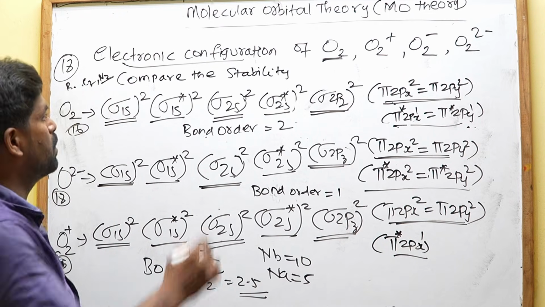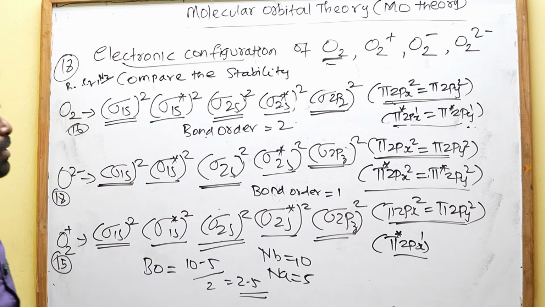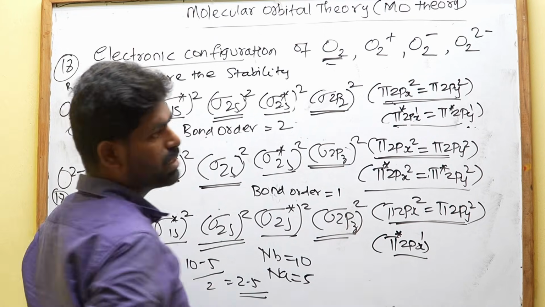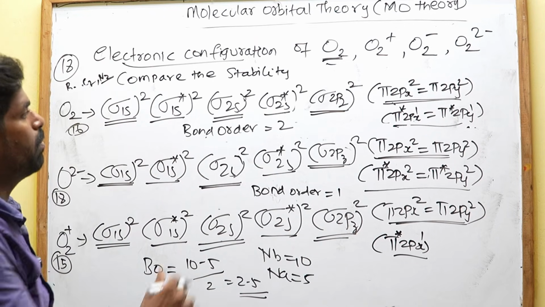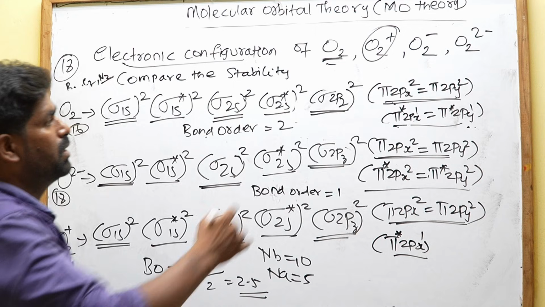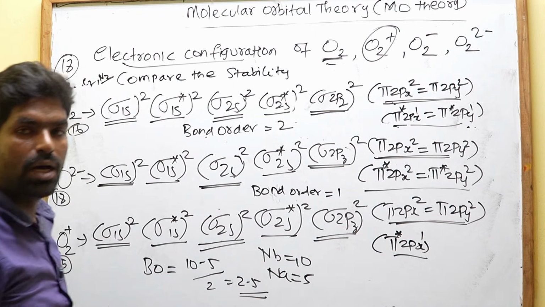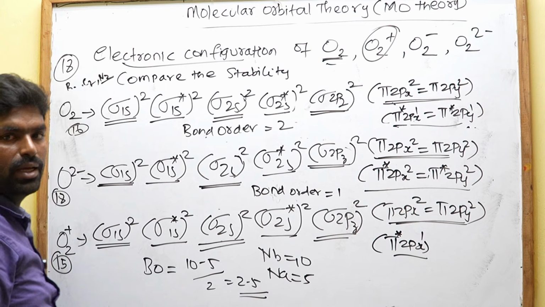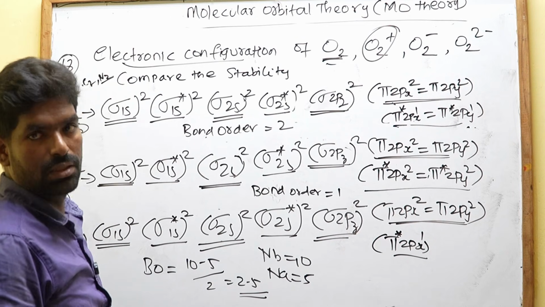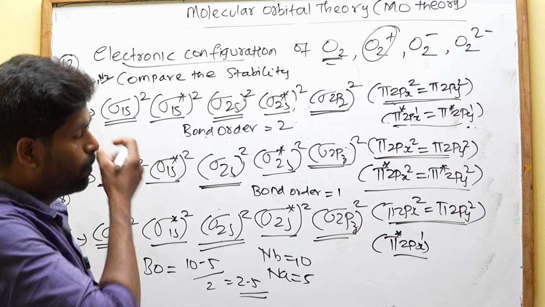We know that the stability of the given species is based on the bond order. The bond order for this species is highest as we calculated. Therefore, this is the most stable. When the bond order value is higher, the stability is higher.